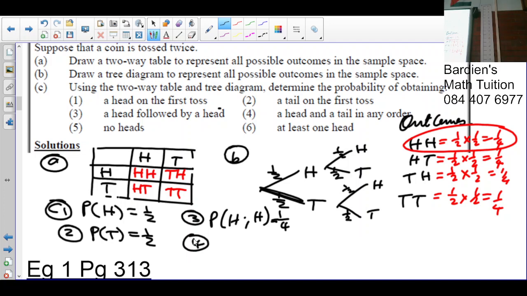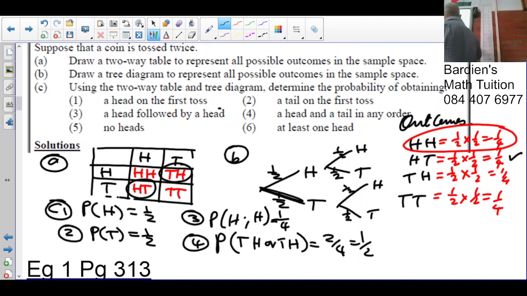So how many of those options are there? There's 1, 2, which gives you heads, tails, or tails, heads. What is that? 2 over 4, which is 1 over 2. Or we could have checked here: it's going to be a quarter plus a quarter, which is also a half or 2 over 4.